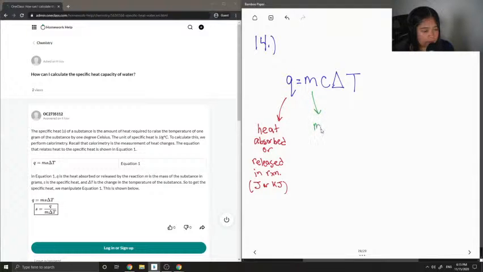M is simply the mass, and it is given in grams. C is what the question was asking about. It stands for the specific heat capacity.